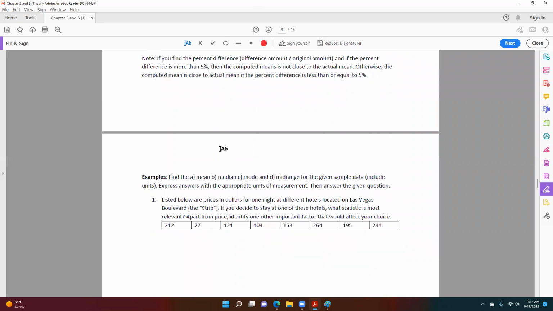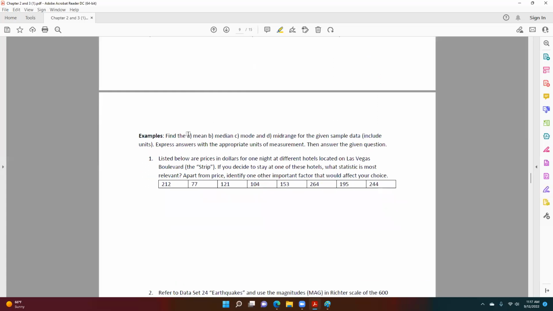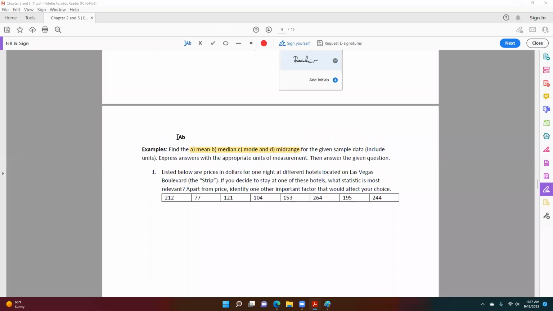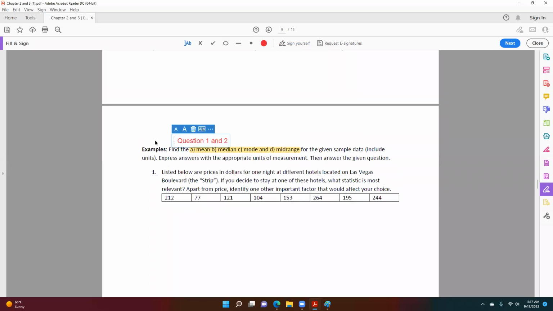All right, in questions 1 and 2, you have to find the mean, median, mode, and mid-range for this sample data.